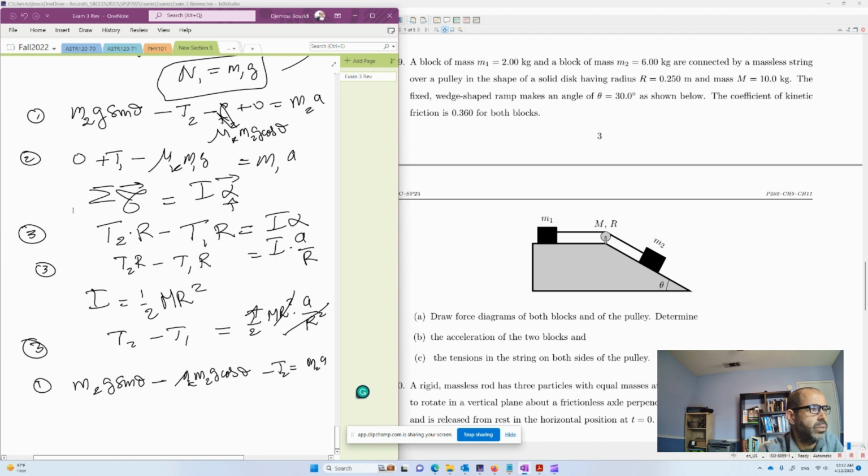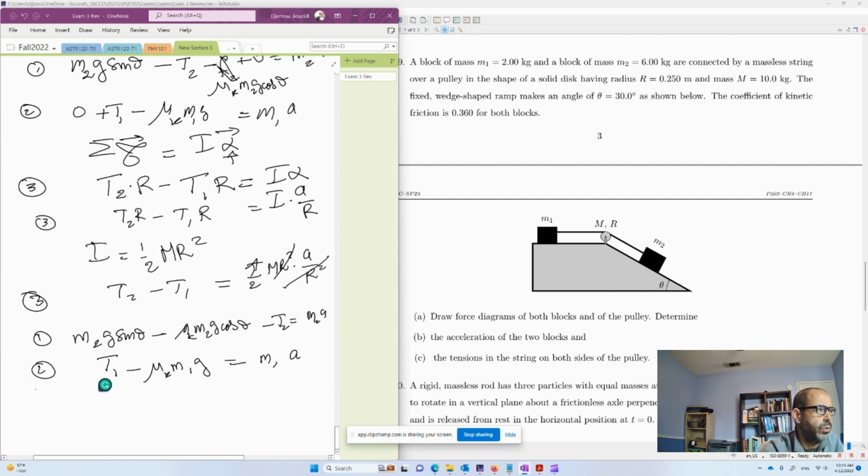Equation 2, I have T1 minus mu k m1g is equal to m1a. So this is equation 2. And the last equation, equation 3, says T2 minus T1 is equal to, of course, I have to do these cancellations, and it's equal to MA over 2, okay?